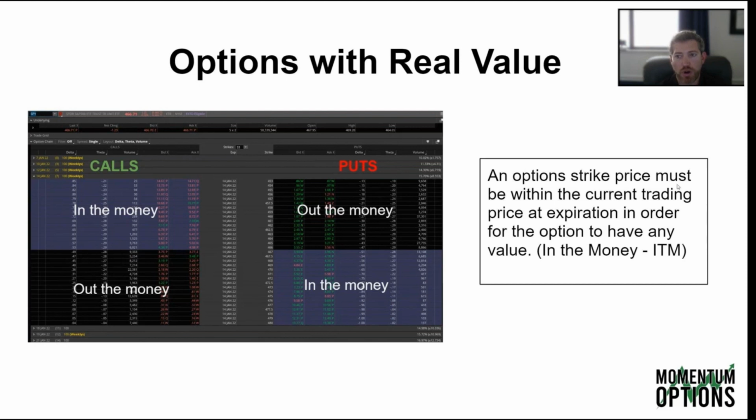So the option strike price must be trading within the current price to be used. Price is at 466.71. All of the puts here have value. All of the calls here can be used. It's a good idea to buy at 466 if price is already at 466.71. Not that it's a deal by doing it this way, but at the moment.